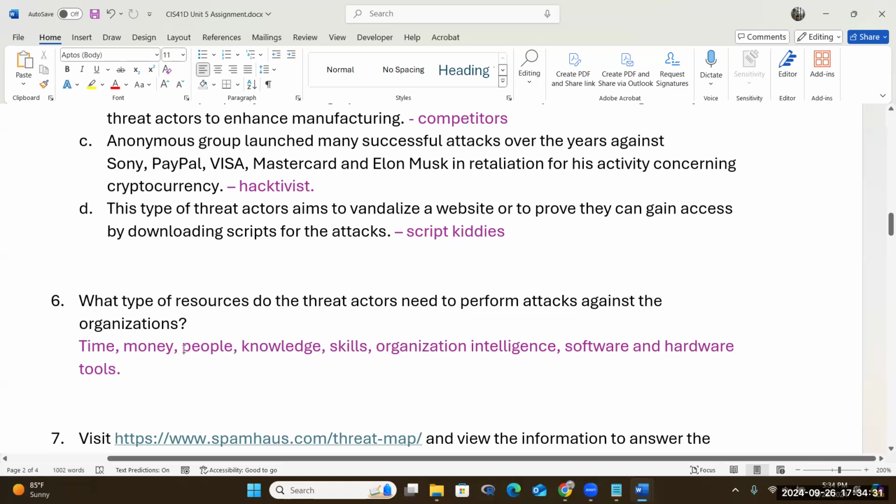And having a larger group, depending on the attack that needs to be performed, has a bigger scale. In the more advanced attacks that you see, that's not done by one person. That's usually by a group of people remotely in many places. So that way it's harder to pinpoint.